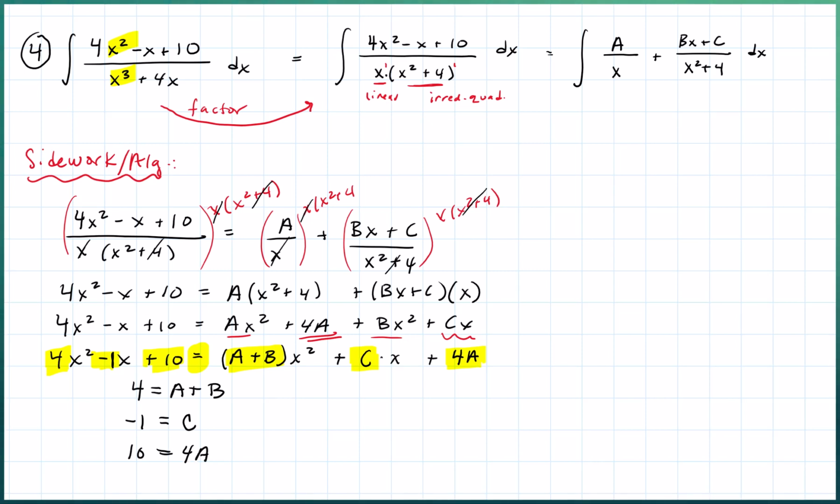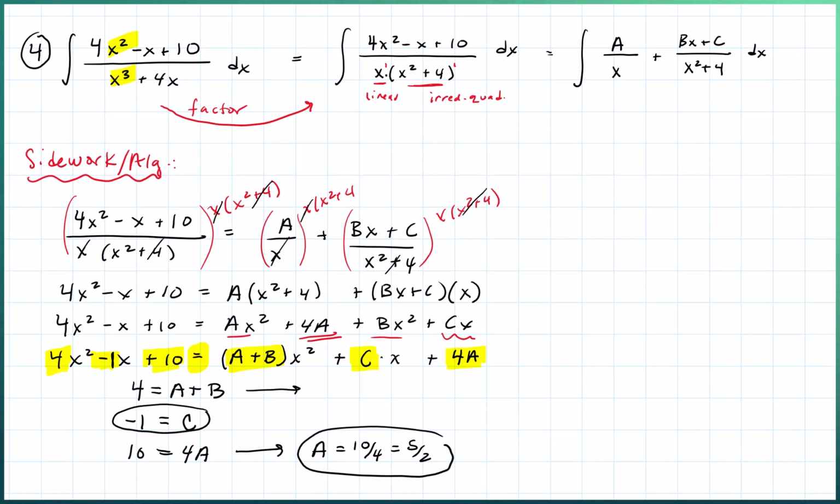And this system worked out really nicely because we can clearly see we already have c. A is really easy to solve for. A is going to be 10 over 4, which is 5 halves. So we also know a. And then we can quickly find b by plugging in here. 4 equals, we'll plug in our a, which was 5 halves, plus b, not equals.